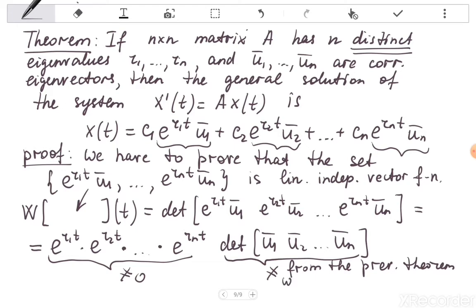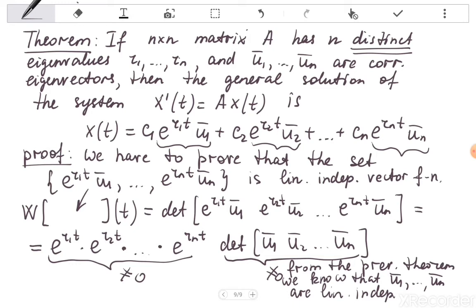We know that u1 and so on, un, are linearly independent. And as you remember, if the columns are linearly independent, then the determinant is non-zero.